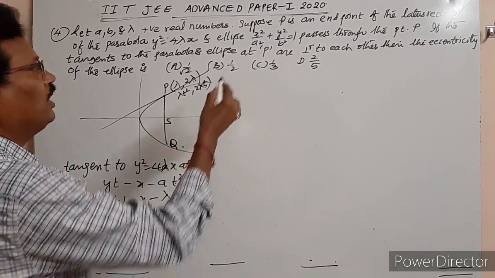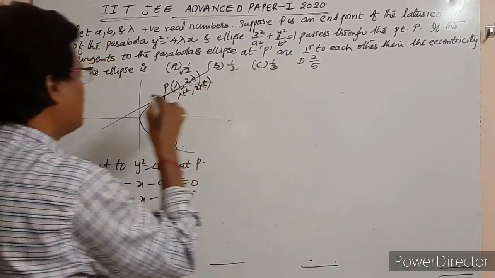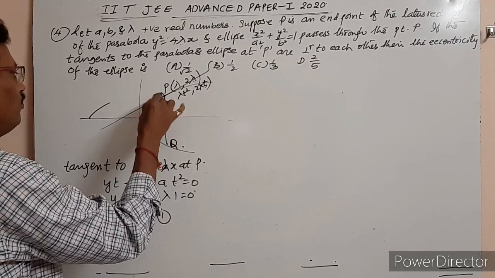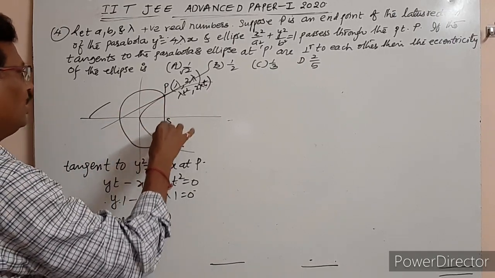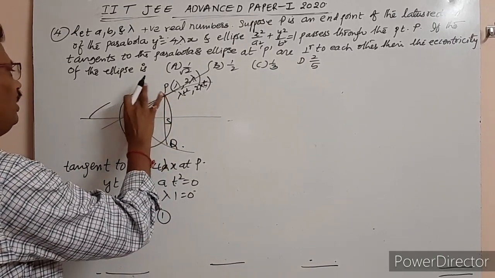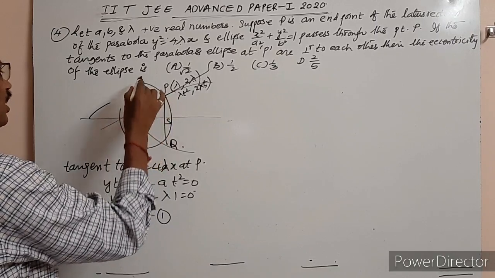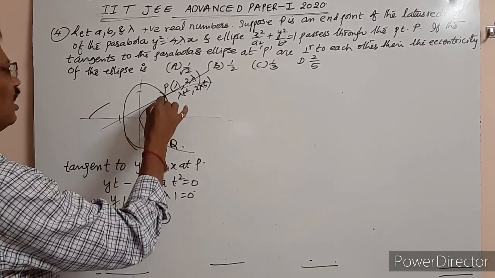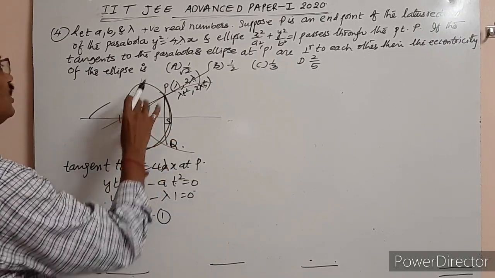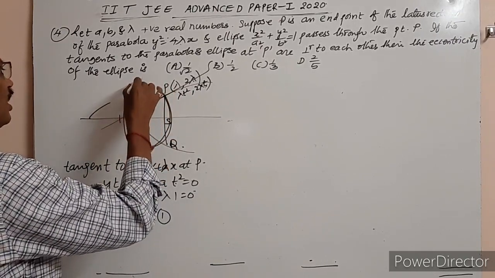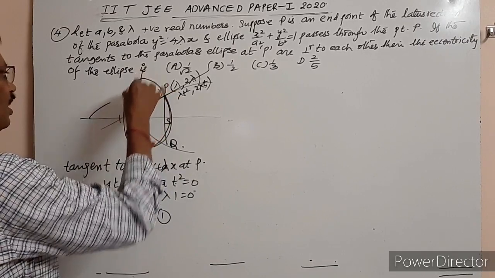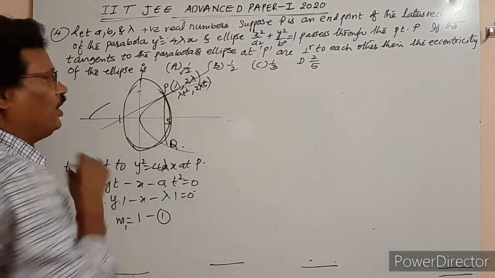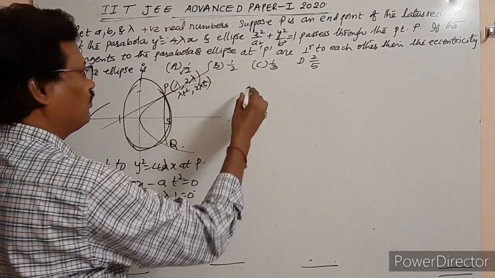And see the ellipse. The ellipse is given passing through the same point. Let us draw like this. This is the ellipse. Now this ellipse is given at the point P. Right, what will be the tangent equation?